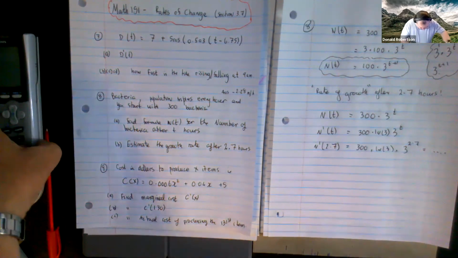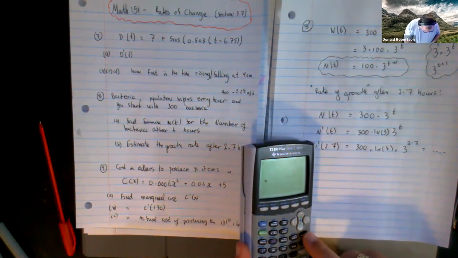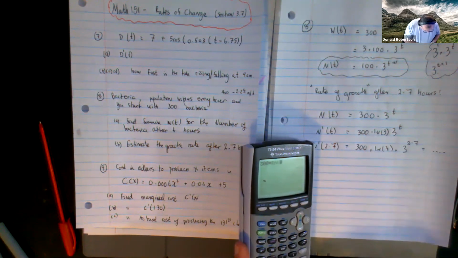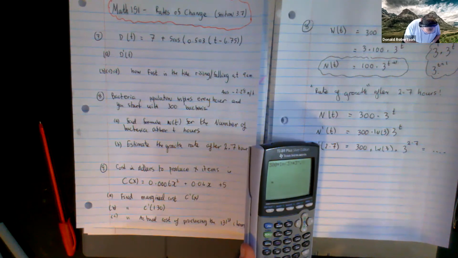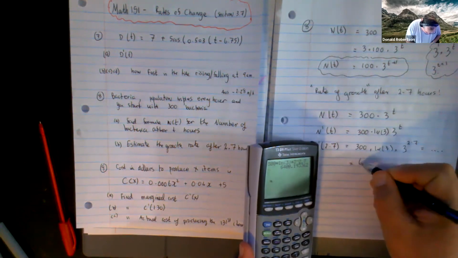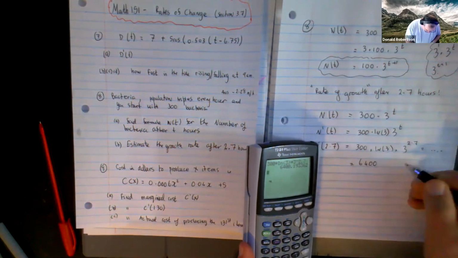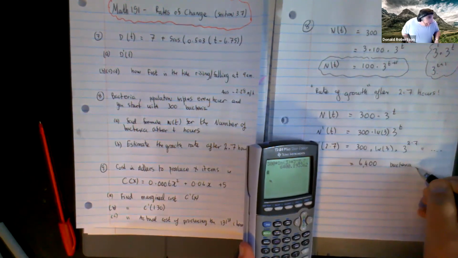I guess I should do it. So 300 times the natural log of 3 times 3 to the power of 2.7. In this case, to the nearest whole number, there'd be about 6,400 bacteria.